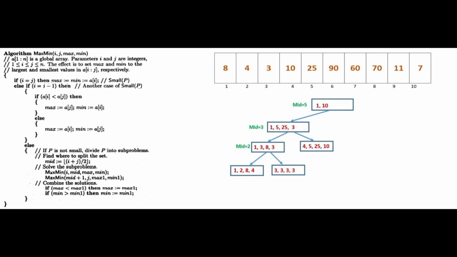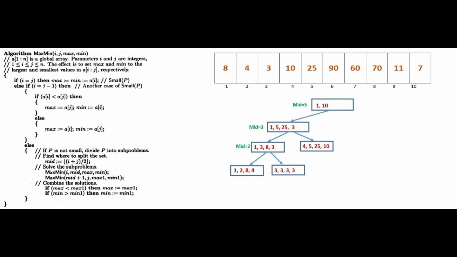Then its next execution is the second recursive call. The first recursive call is already completed. The root node's next execution is max min of mid plus 1 comma j comma max 1 comma min 1, the second recursive call.